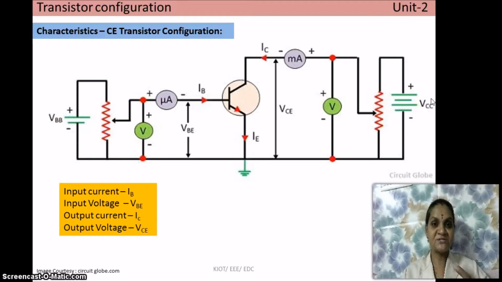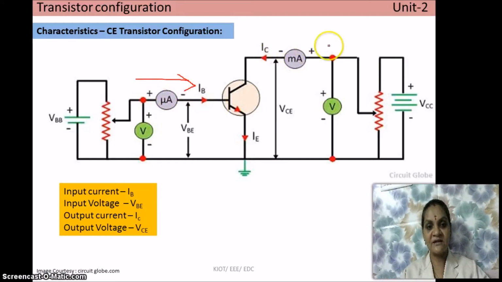In order to increase or decrease the biasing voltage fed to the common emitter transistor, you have a potential divider arrangement. And for voltmeter and ammeter polarities, as I told you in the previous circuit diagram, you have to follow the same thing. This voltmeter is connected across this voltage with the same polarity, positive, negative. Here the current is flowing in this direction, entering positive, leaving negative.